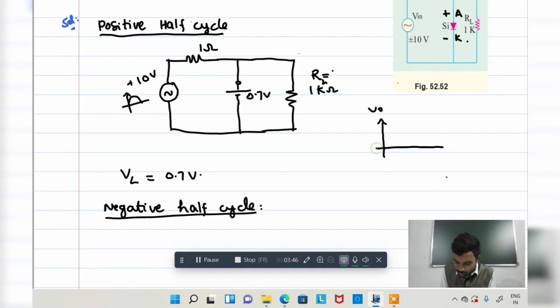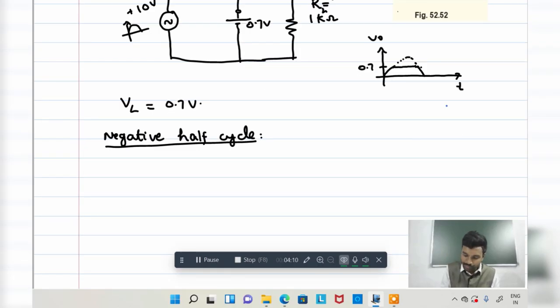I am going to draw the complete waveform later, this is just for your understanding. Only 0.7 volt is allowed, up to 0.7. After that it is constant and the positive half cycle is completed. This portion is clipped, this portion is eliminated.